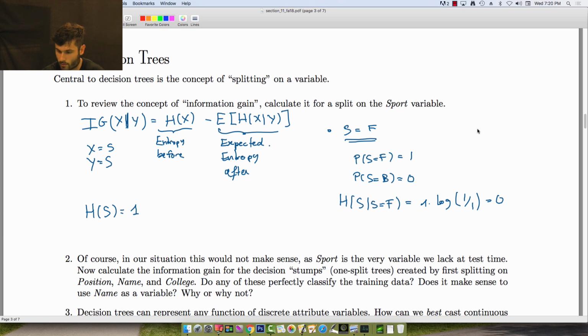Then in the other case, if the sport is equal to basketball, then the probability of the sport being football is 0, and the probability of the sport being equal to basketball is equal to 1.